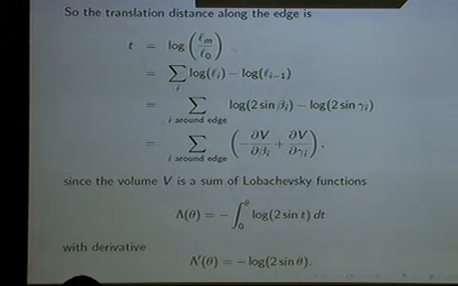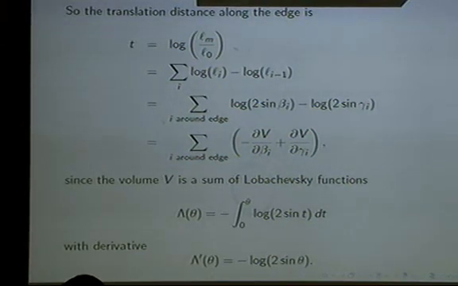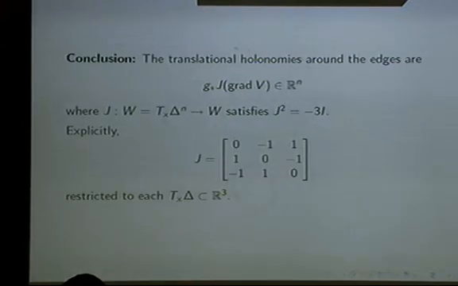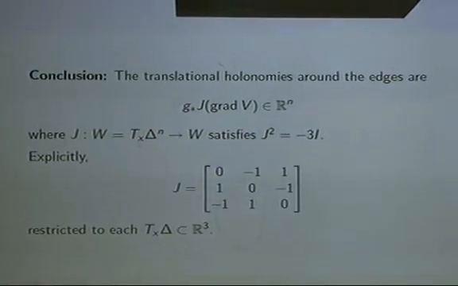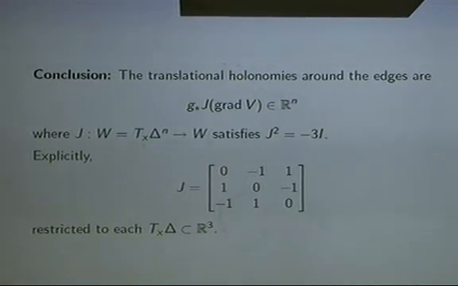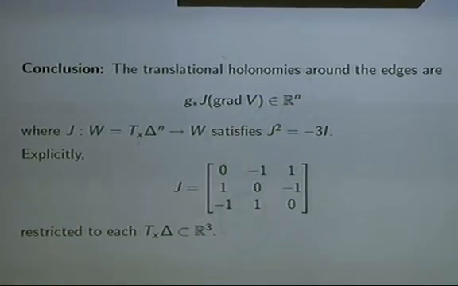Now we could rewrite this. Here's a fancy way to say it. The translational holonomy around the edge looks something like this. We had our original function g, which describes the gluings. That just tells you about the angle sums around the edges.